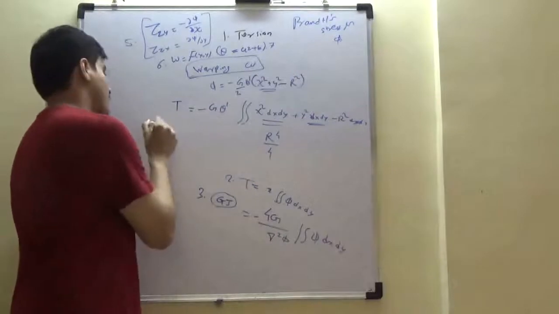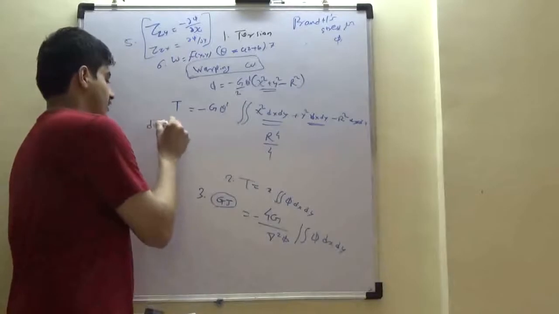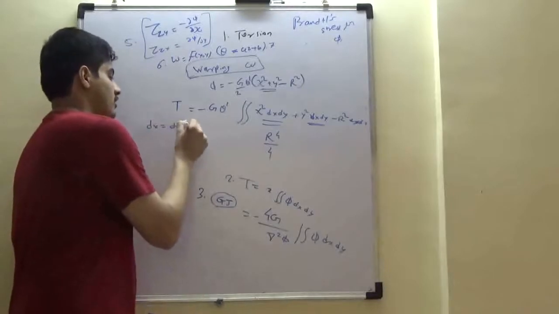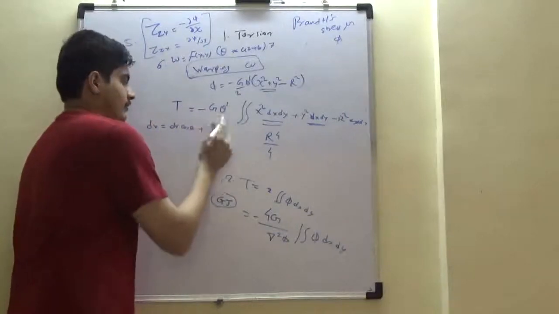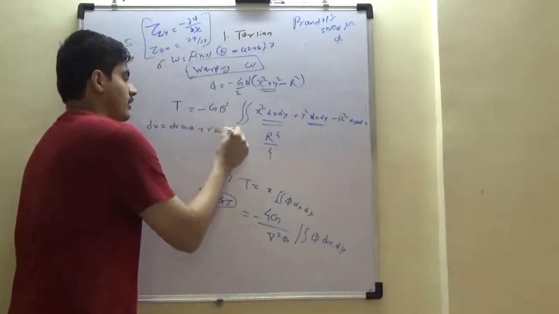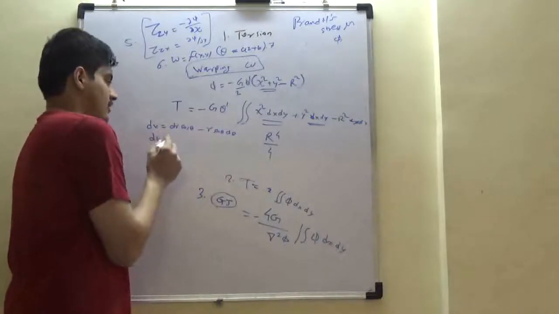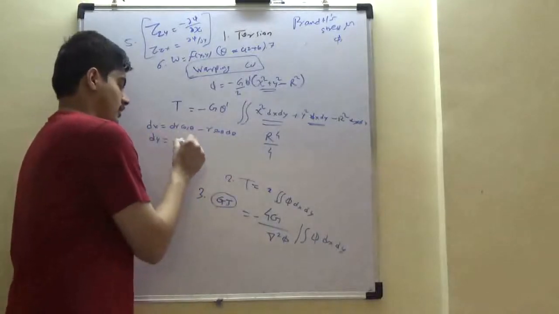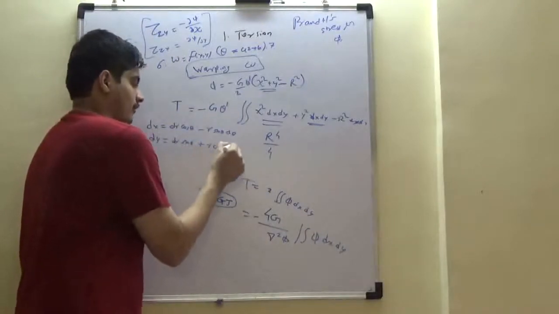So if x is equal to r cos theta, dx is dr cos theta minus r sin theta d theta. And dy is dr sin theta plus r cos theta d theta.